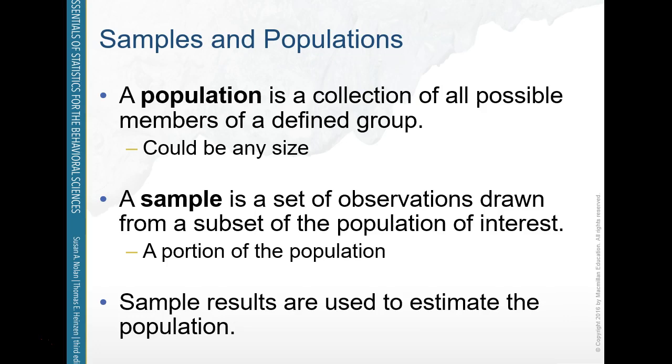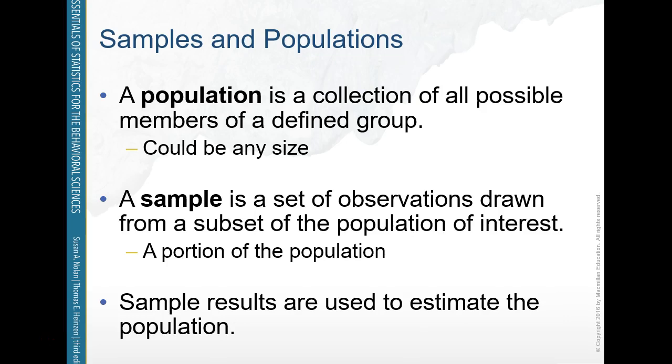For instance, if I was only interested in student satisfaction of students in online statistics, Psych 104 classes at MiraCosta College taught by Dr. Spilkin, well, that entire population would be just you students who are enrolled in this class this semester.